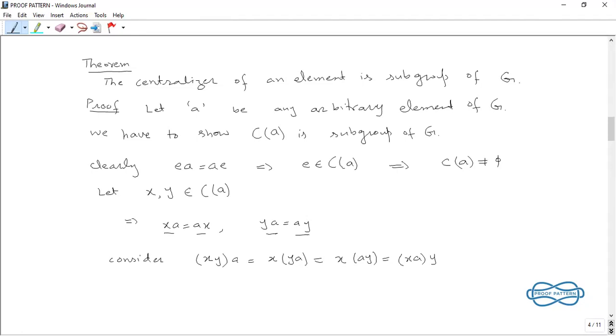So this is equal to Ax into y, and again by the associative law A into xy, and that was actually equal to xyA. It is clear that the product of two elements xy is also commuting with A. This means this xy belongs to the centralizer of A.